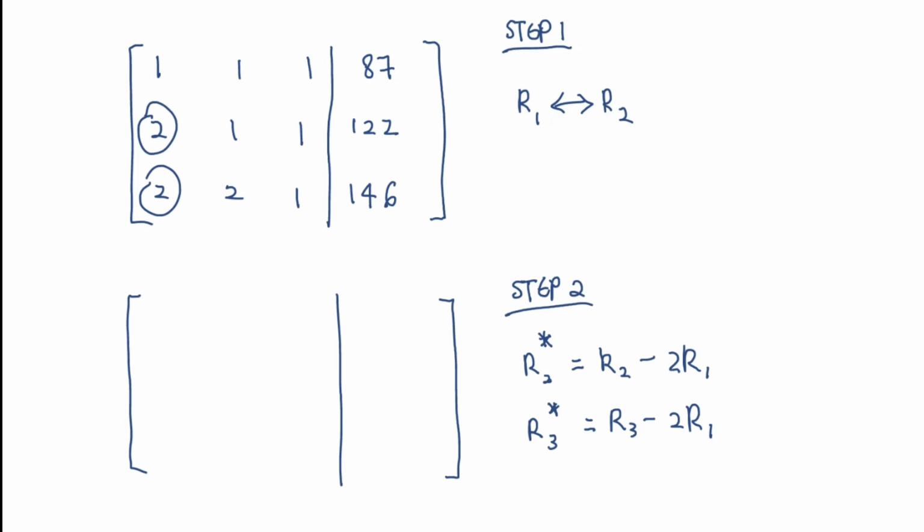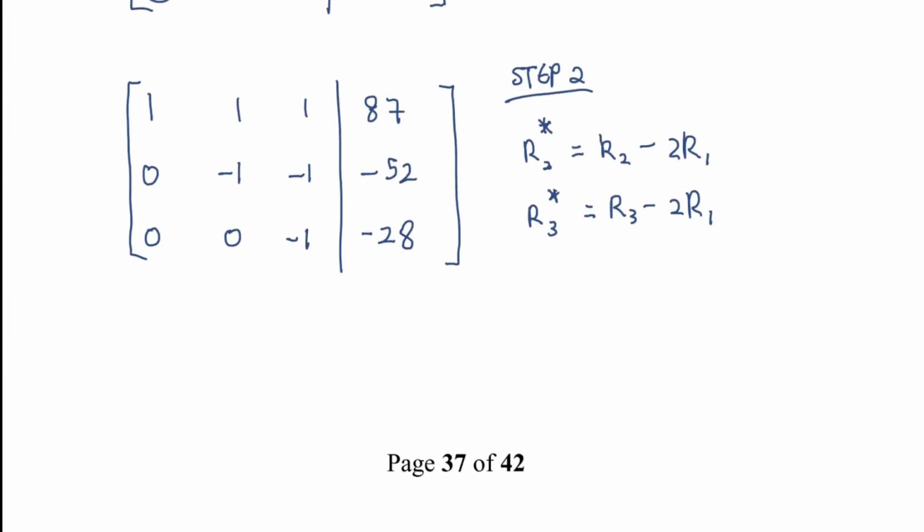So 1, 1, 1, 87. For the new row 2, by applying all the elements in row 2 into this formula, you will get 0, negative 1, negative 1, negative 52. And then for row 3, 0, 0, negative 1, negative 28. Understand? Then we move to step 3.